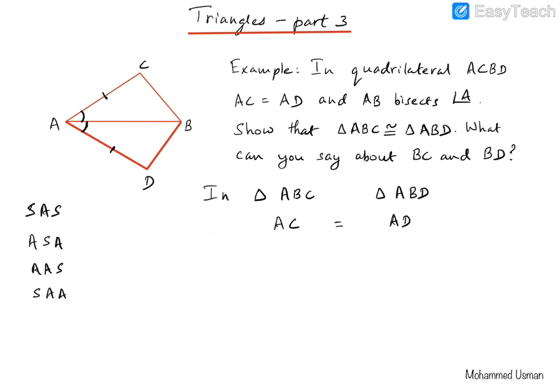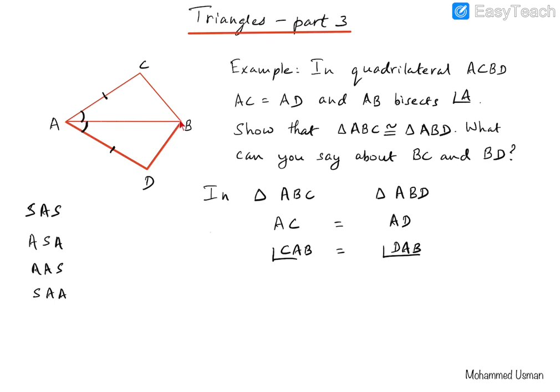So we are given that angle CAB equals angle DAB. So that is our second condition which is given to us. And the third condition which we can extract from this diagram is that in both the triangles the line AB is a common line.